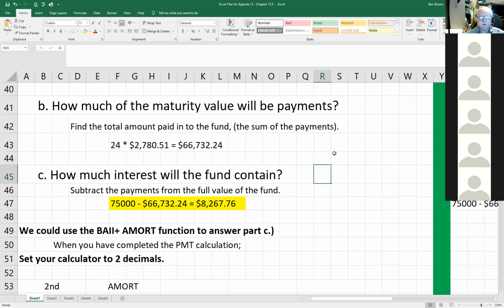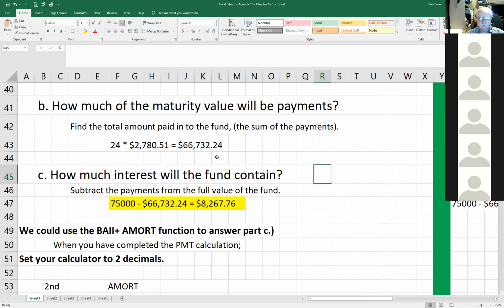So then they want to know how much of the maturity value will be made out of payments. So the first thing we need to do is find the total amount paid, the sum of the payments. So 24 times the payment equals this.